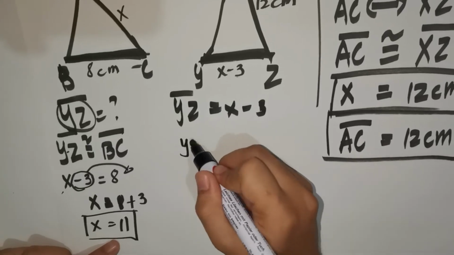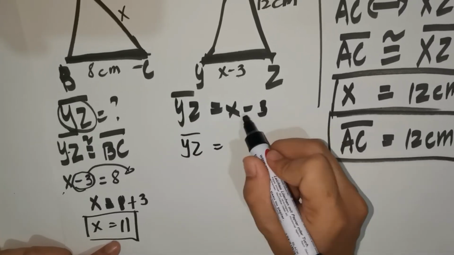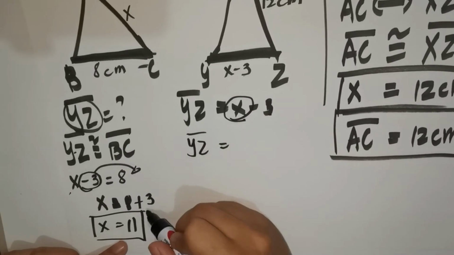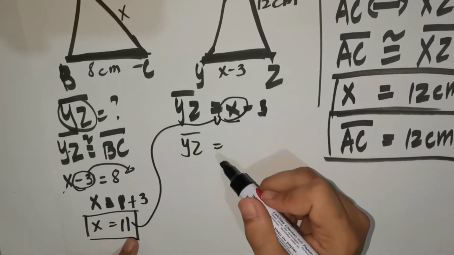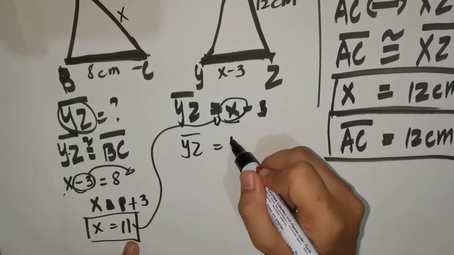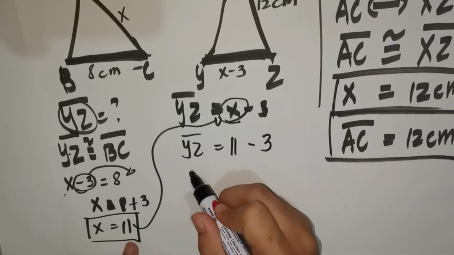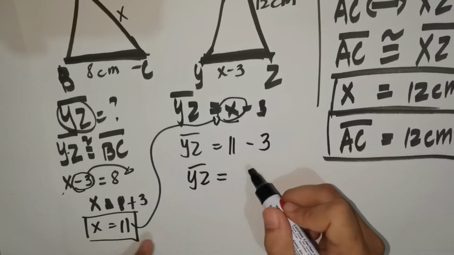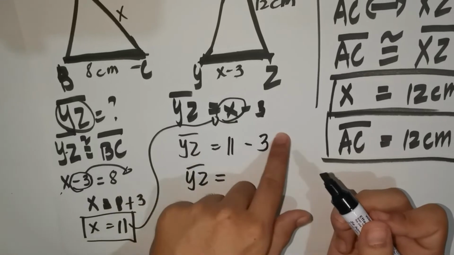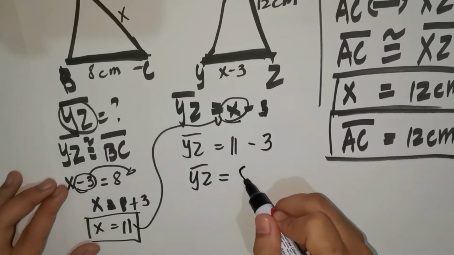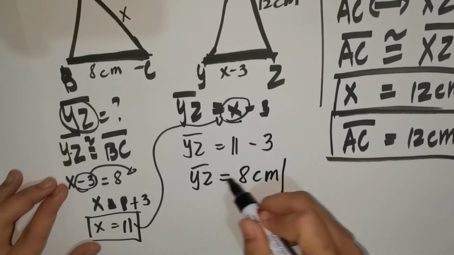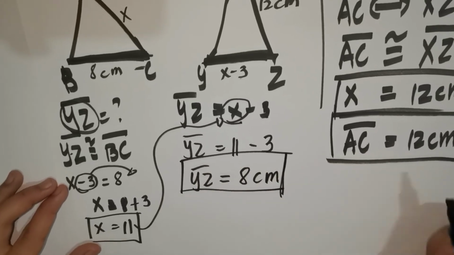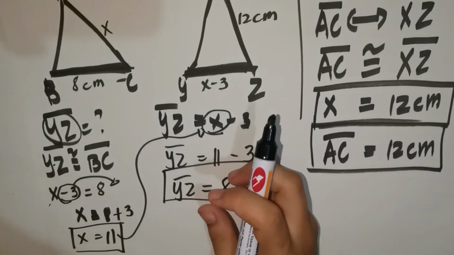So we have YZ is equal to X minus 3. Ano nga po ulit yung X natin? Ito po yun. 11. So, you have 11 minus 3. YZ, or the measurement of YZ, is equal to, what is 11 minus 3? That's 8 centimeters. So, that's it.